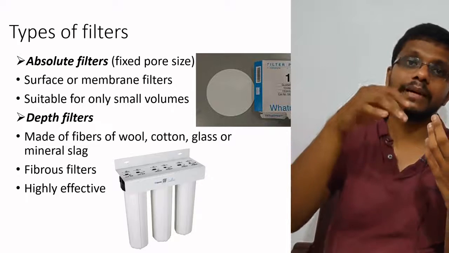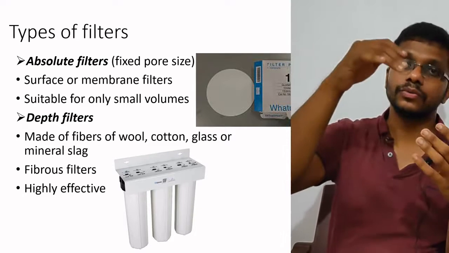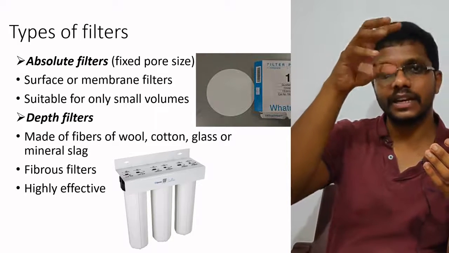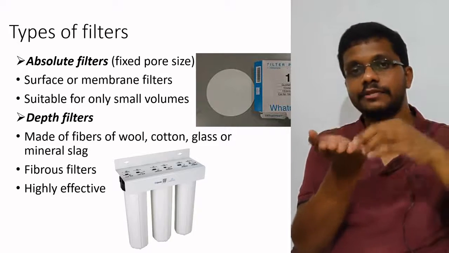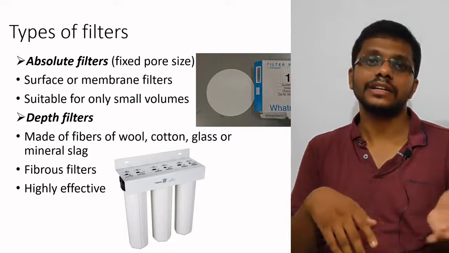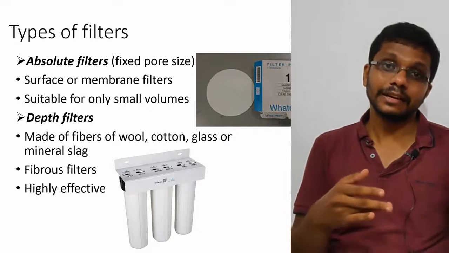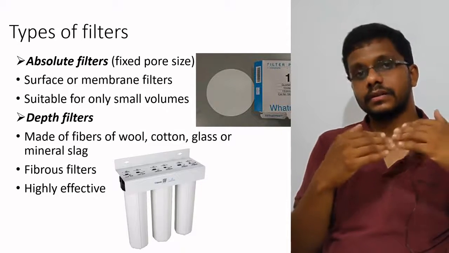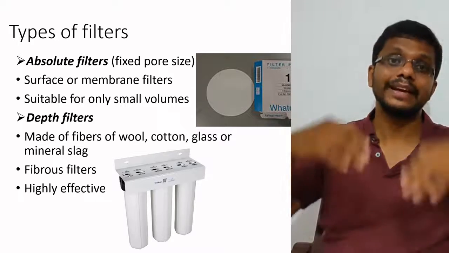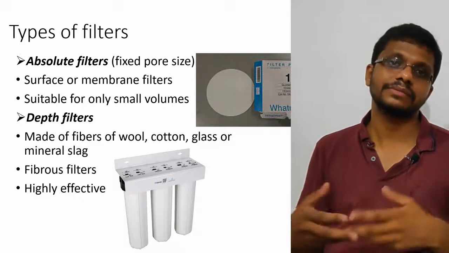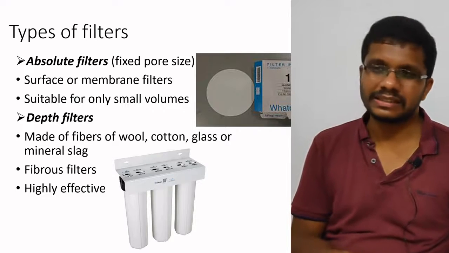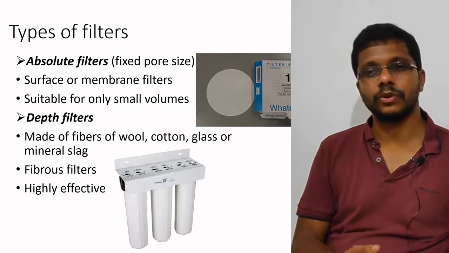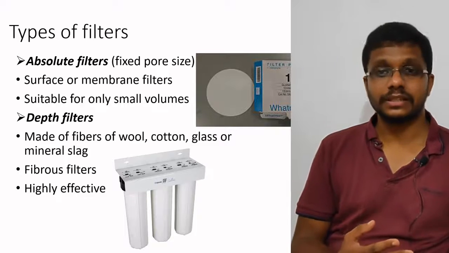The more medium there is, the more resistance there will be to move the medium from the upper container through the filter. If you are using the same filter without throwing out the particles, it will accumulate so many layers of these particles. These particles will cause obstruction to the fluid flow. So absolute filters we can use only for small volumes. For large volumes it is very difficult.